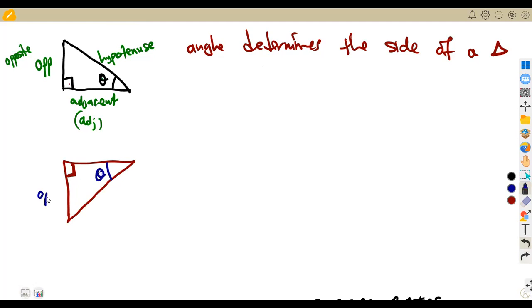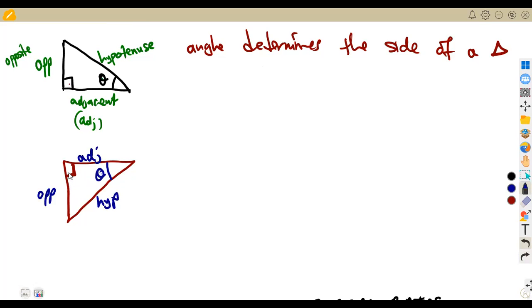So there we have the opposite. I'm just going to write OPP for opposite in short, all right? The theta, which is our angle, and the 90 degrees on this side are adjacent to each other. They are sitting on the same line. So that is your adjacent. And like I said, the one that faces 90 degrees is always the hypotenuse. It does not change its position. So this is the position always for the hypotenuse, always facing 90 degrees.